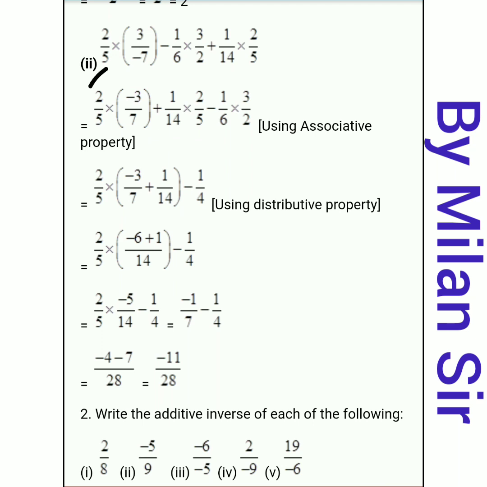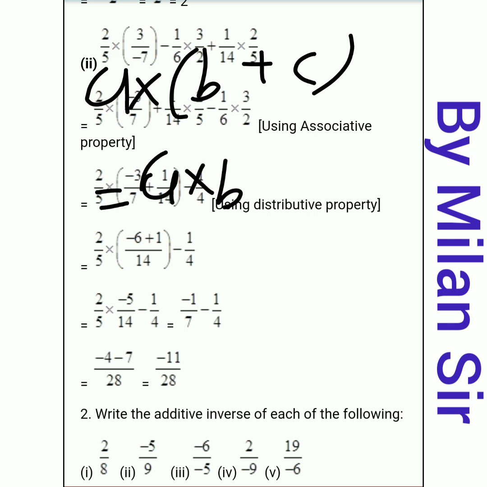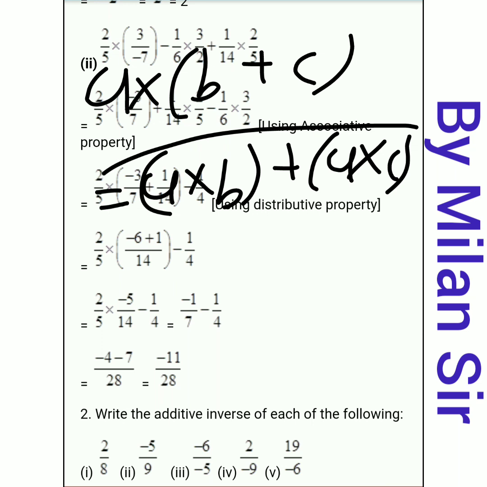Because what is distributive property? Like this: A cross B plus C, then A cross B plus A cross C. I already explained this thing in theory part, right? So here we have this type of form. So from that we can write like this by using the distributive property, right?